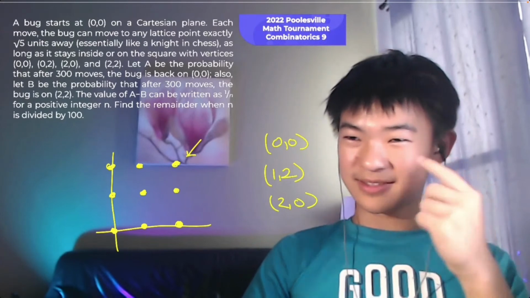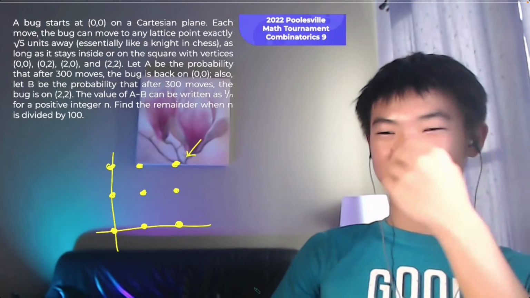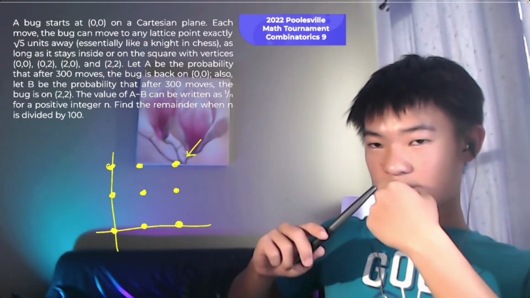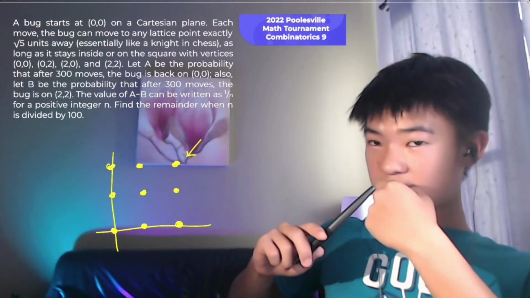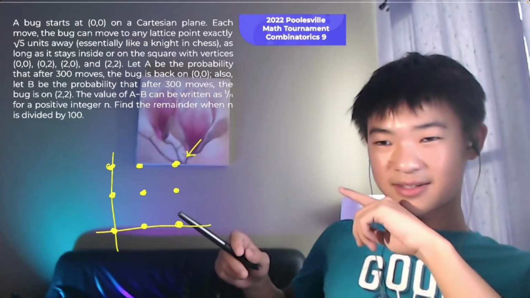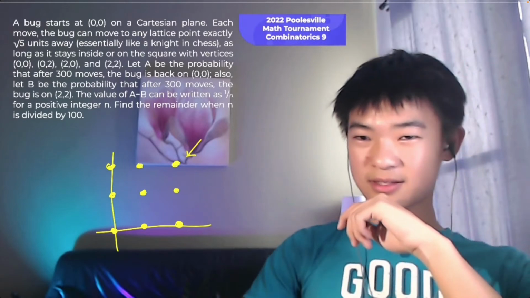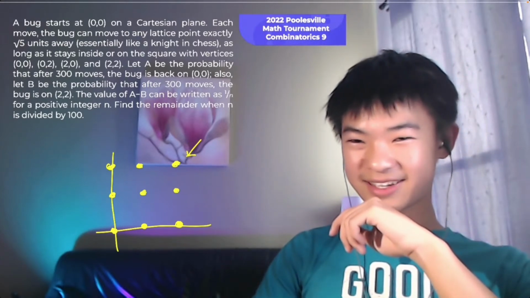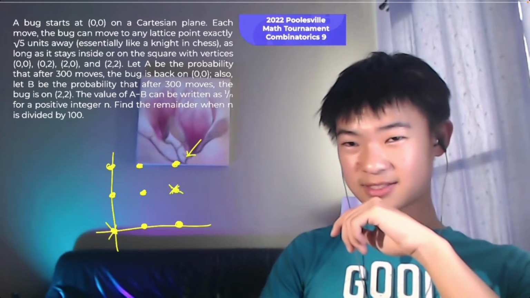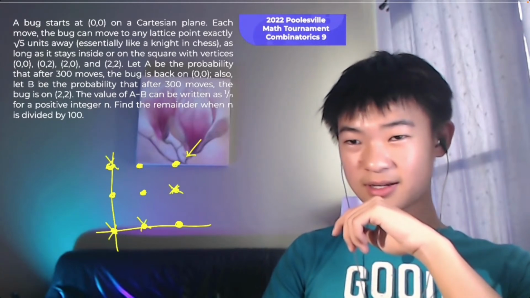Okay, now if we want to calculate the actual probability, first of all, I don't think the center dot is possible. I don't think so either. Because if you just jump around randomly, looks like you can start from this, you can go to here, perhaps you could jump here or here, and here sounds nice.